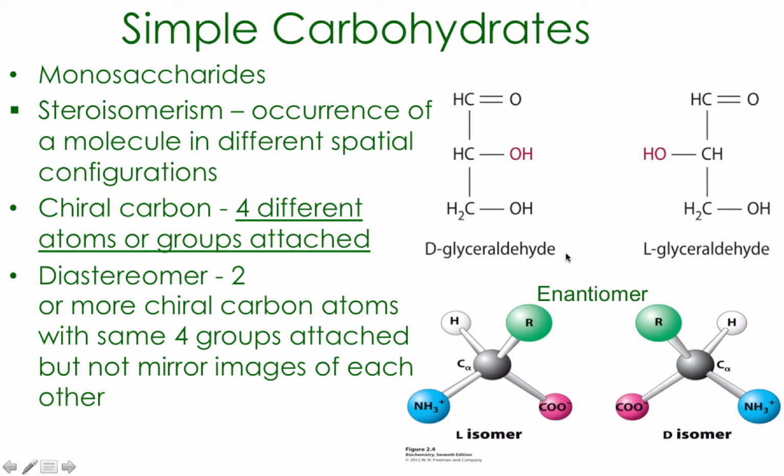So we have D-glyceraldehyde and L-glyceraldehyde. So D meaning right-handedness and L meaning left-handedness. So the hydroxyl group is spatially arranged on the right side of this chiral carbon, whereas the L one is on the left side. Okay, so it makes sense.